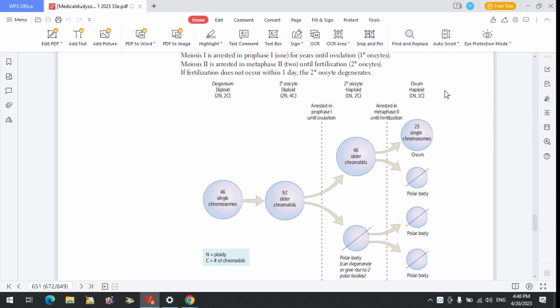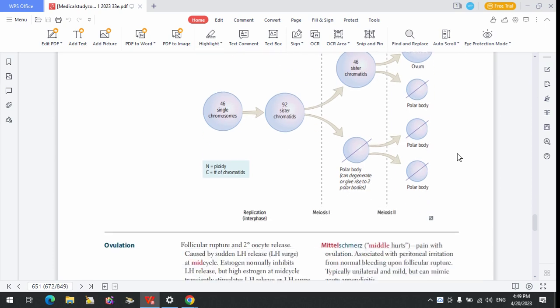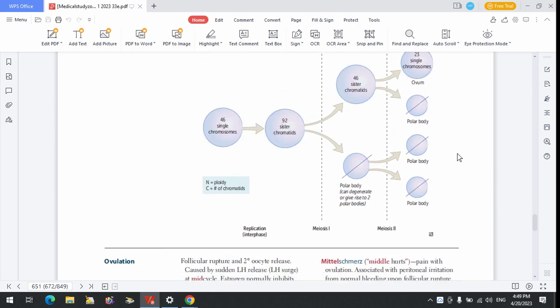Before the sperm comes in, this secondary oocyte will have started meiosis 2, but it is arrested at metaphase. When the sperm comes in, it rushes through the other phases to quickly divide into an ovum and a polar body. The ovum then gets joined with the sperm to form the zygote. I'm just talking about what happens before.